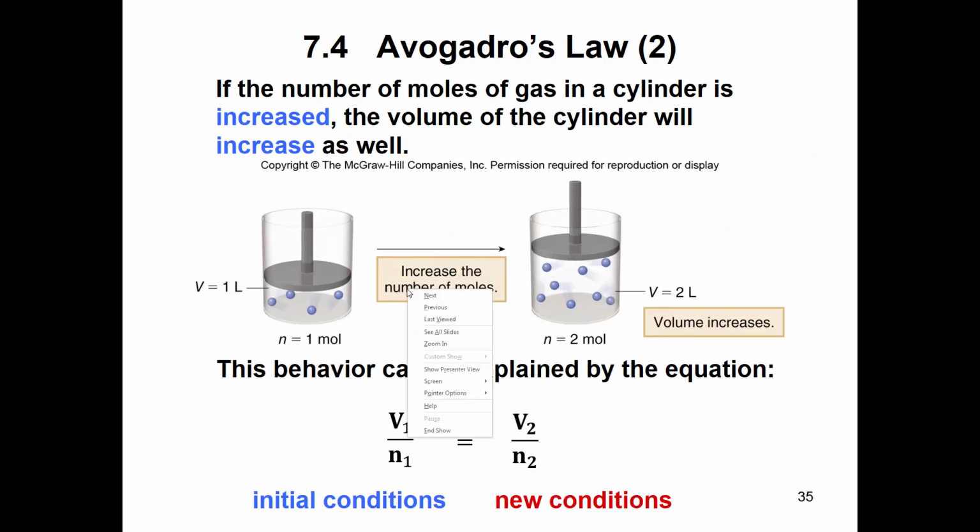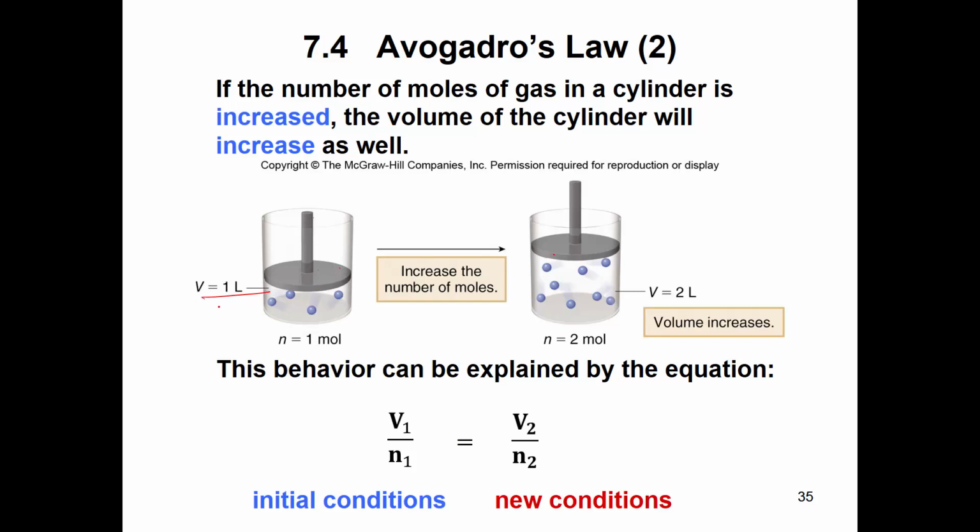All right. If the number of moles of a gas in a cylinder is increased, then the volume of the cylinder will also increase, right? We remember that from before. So we've seen this relationship where we increase something and something else changes.